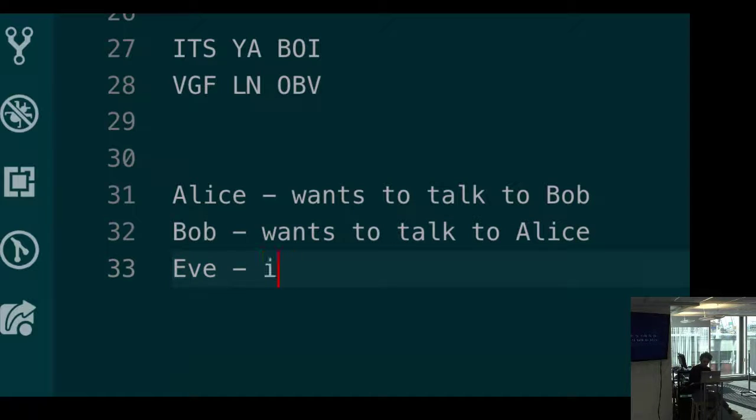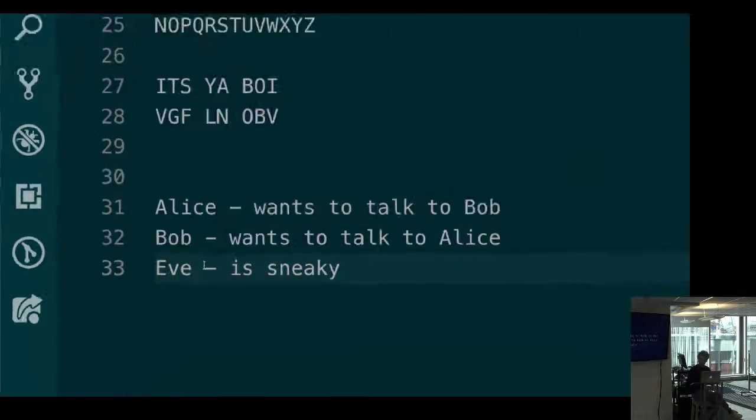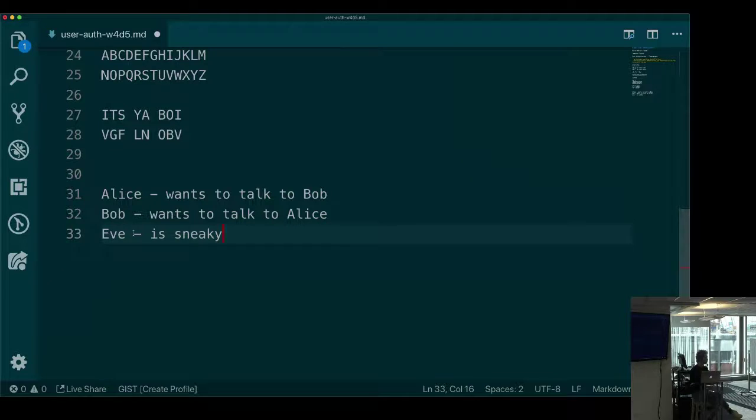And Eve is sneaky, sneaky Eve. At some point I'll bring the whiteboard up, but there will be Alice trying to send a message to Bob, or vice versa, and Eve is somewhere in the middle, snipping out little messages, trying to read them, trying to get access to their secret interactions.